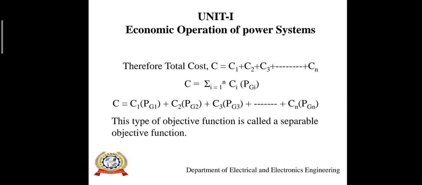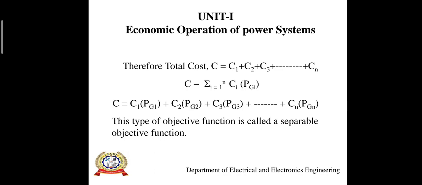So with respect to generation, we can write C equal to sigma i equal to 1 to n of Ci of Pgi. If we separate this individually, for i equal to 1 to n, that is n units, then Ci becomes C1 and Pgi becomes Pg1 for the first unit, and Ci becomes C2 and Pgi becomes Pg2 for the second unit.